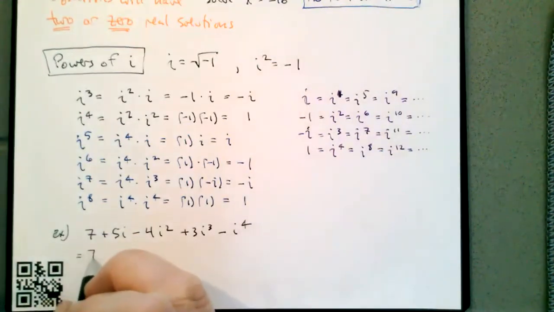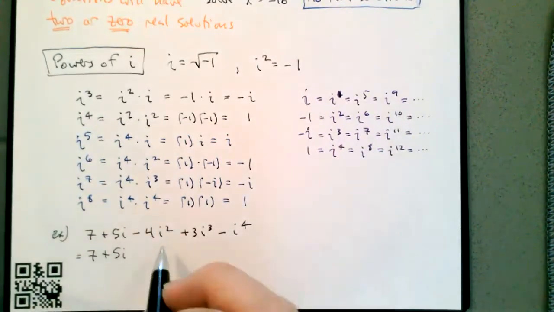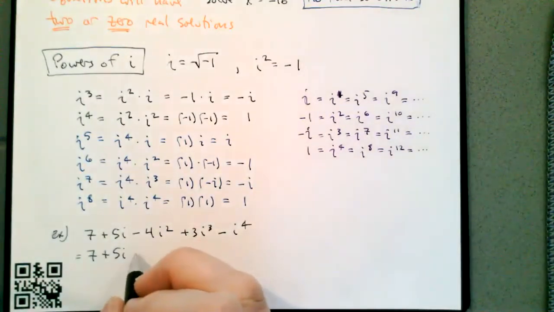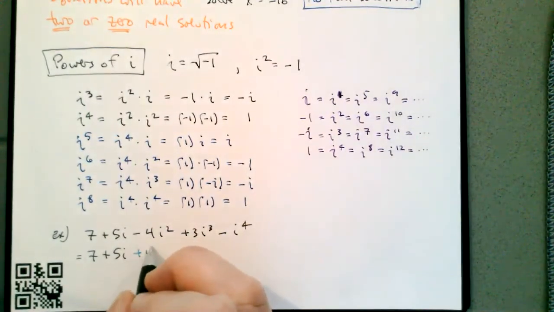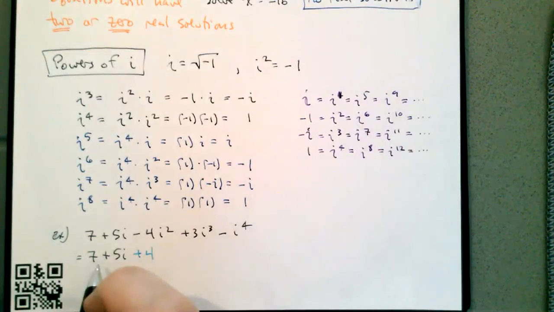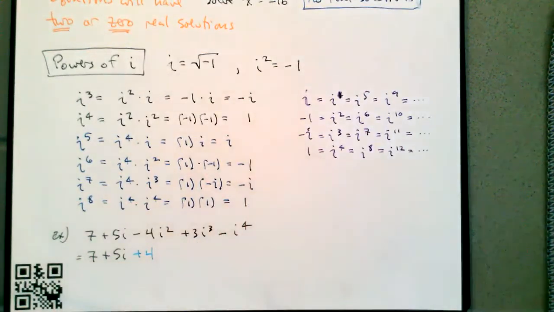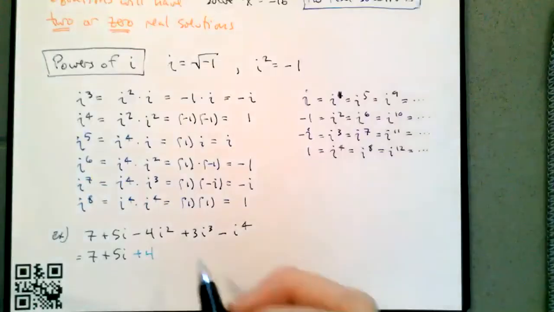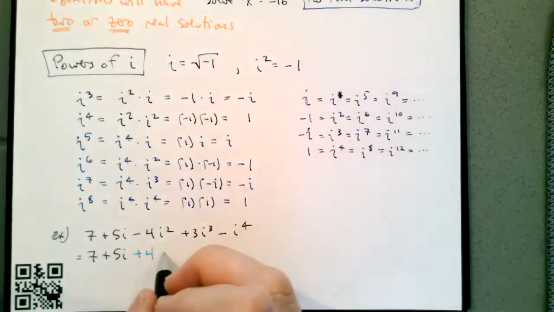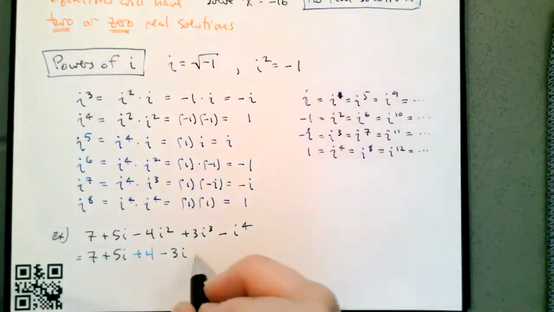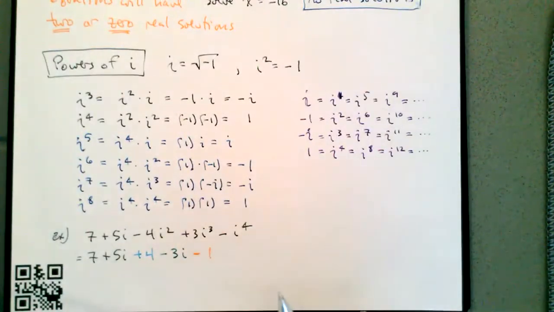So this is equal to 7 plus 5I minus 4I squared. Since I squared is negative 1, this is actually going to be written as plus 4. I to the third is negative I, so I can replace the I to the third with a minus I. And I to the fourth is equal to 1, so I'll replace minus I to the fourth with minus 1. So now I have a bunch of like terms.